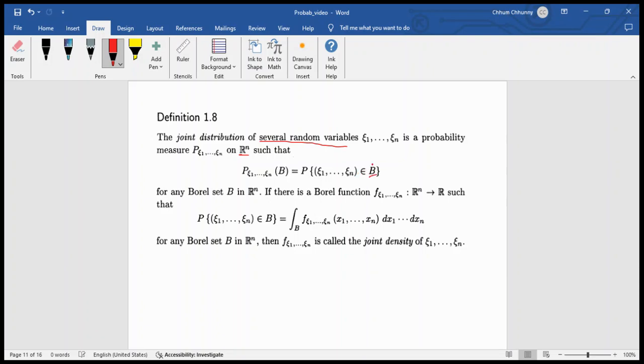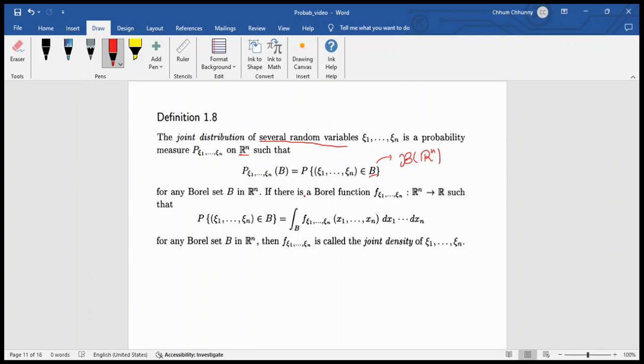B here is a subset of the Borel set, but not a Borel set of R anymore. In this case, it is a Borel set of Rn because we have n random variables.